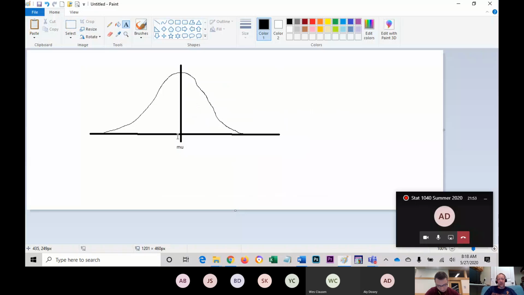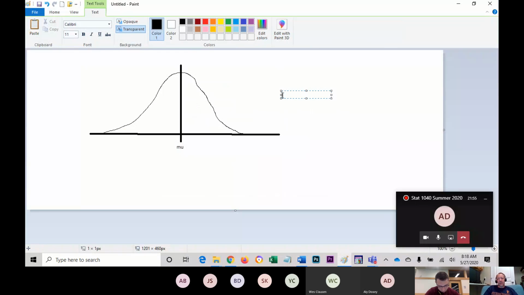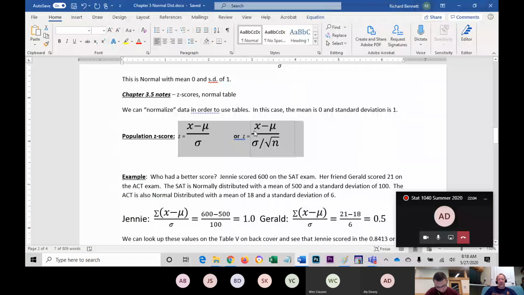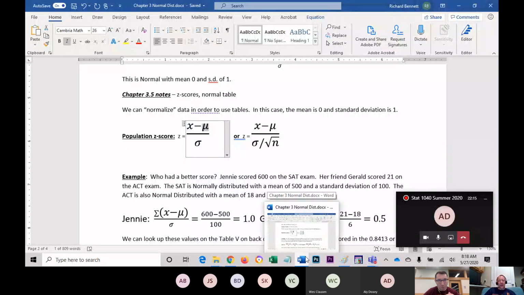I'm going to copy this over here. Oh, that was lame. It didn't copy the formula. Okay, this Greek letter mu here looks like a U with a tail on the front side of it. I just want to highlight this letter here. That is the Greek letter mu.